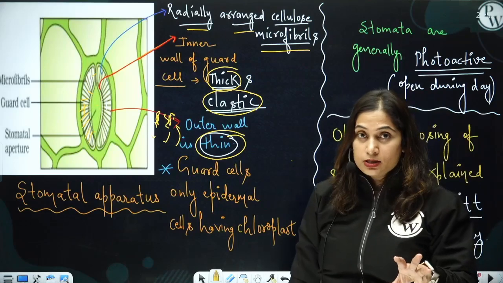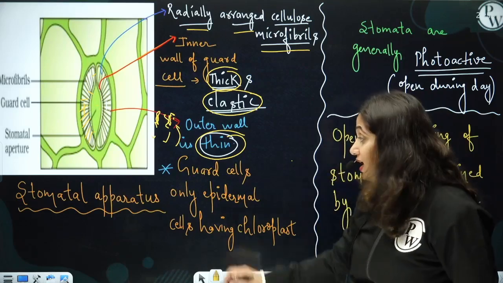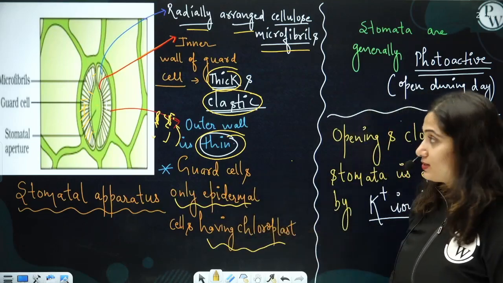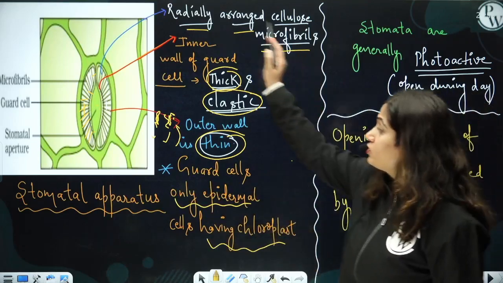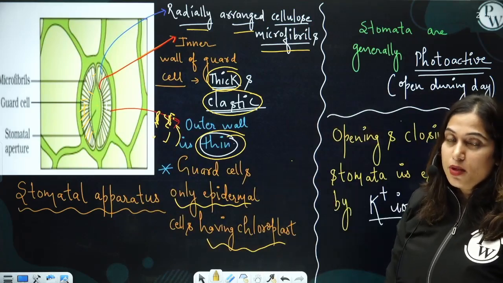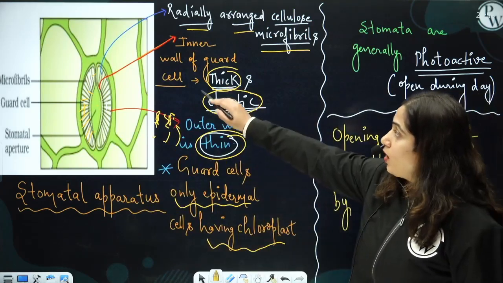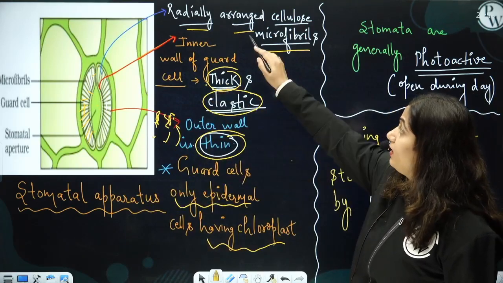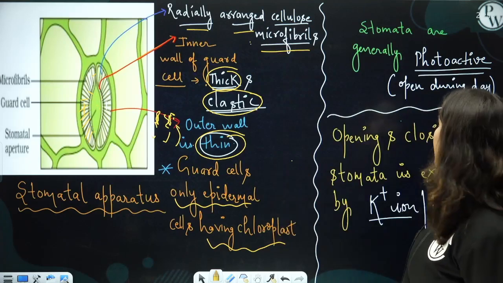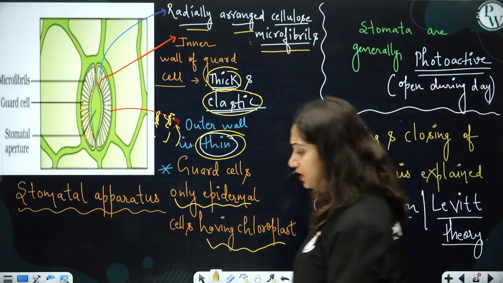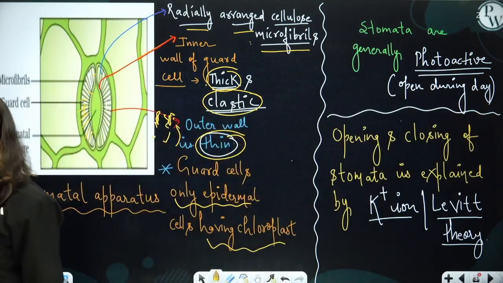In the epidermis, chloroplast is absent, but guard cells are the only epidermal cells which have chloroplast, right? So this is the stomatal apparatus which helps in transpiration. What you have to remember about it is the nature of the inner wall and outer wall of the guard cell, and the radially arranged microfibrils. Okay? Clear up till here? See beta, is it clear up till here?